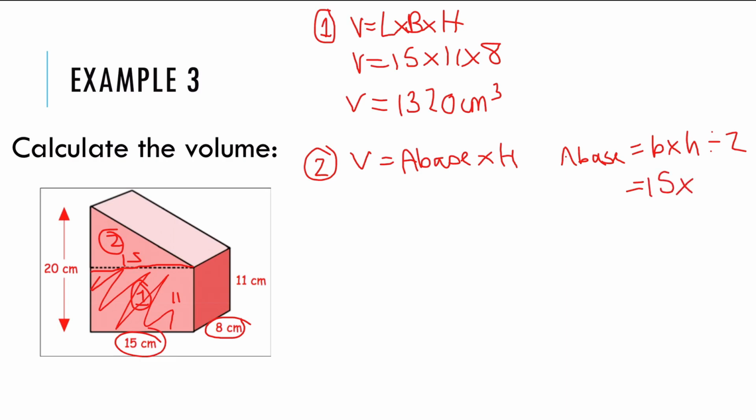The height, remember, we only want the height of this triangular prism. So 20 is the full way down. We can see over here that 11 stretches from here to here. So if I do 20 take away 11, that is going to give me the measurement that's left over, which is 9. So it's 9, just the height of the triangle.